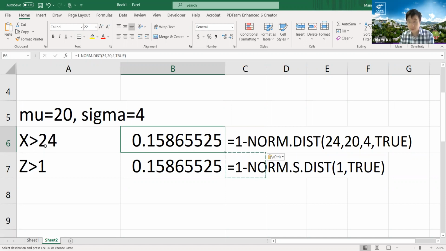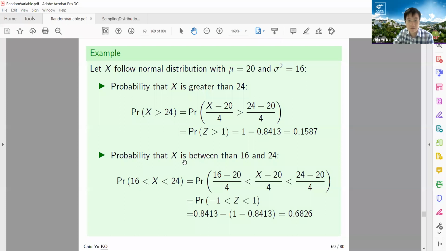Is it okay for this one? Any question? If not, probably I go over one more slide. Sorry, I still have this one. X is between 16 and 27, sorry, 16 and 24.